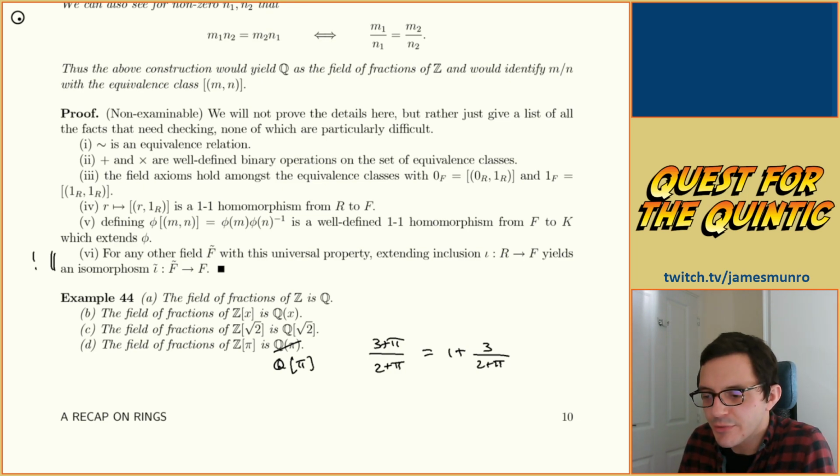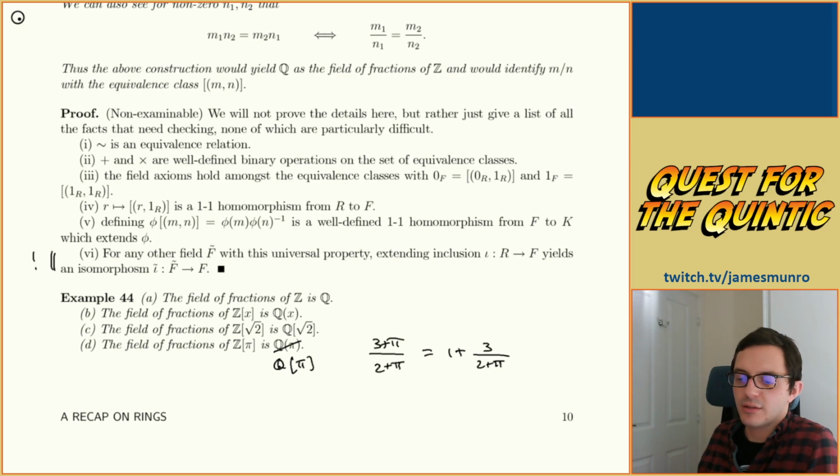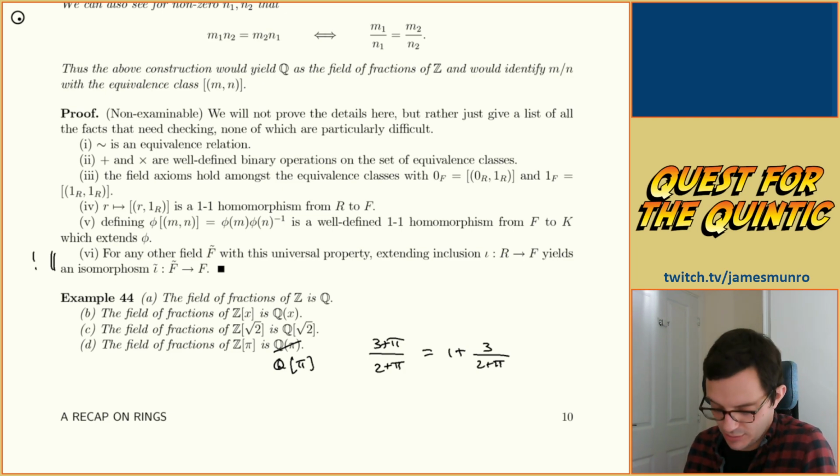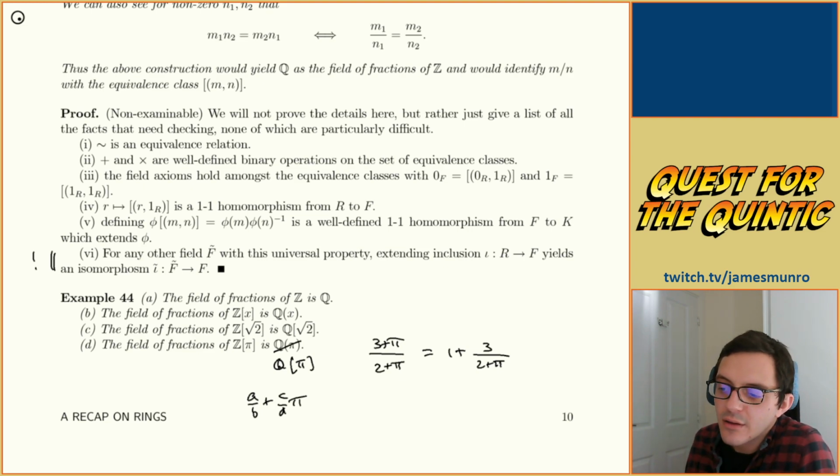Okay, I thought these examples were straightforward, but I don't understand them anymore. Q be fractions times pi, right? This would be fractions times pi, like a over b plus c over d pi. That is not what I have over there. Two seconds.